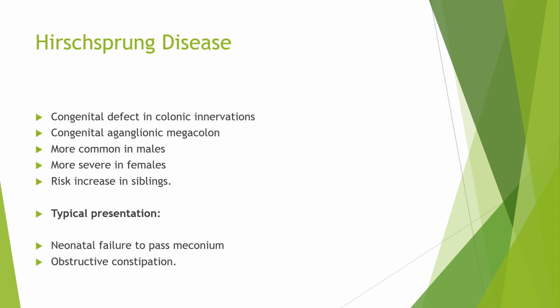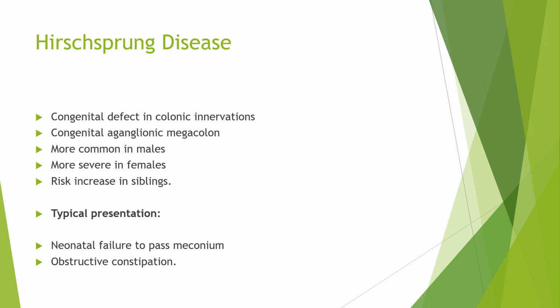Now we turn to one of the functional obstructive causes in the intestines, what is called Hirschsprung disease. Hirschsprung disease is a congenital disease, which means the baby is born with this disease, and there is a defect in the innervation of the colon, in the intrinsic nervous system of the colon, specifically the ganglion cells that are present in the submucosa and between the two muscle layers.